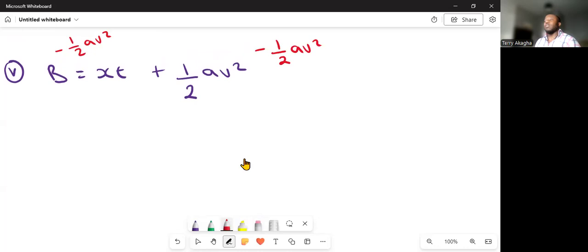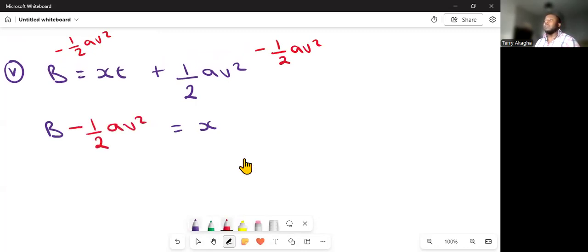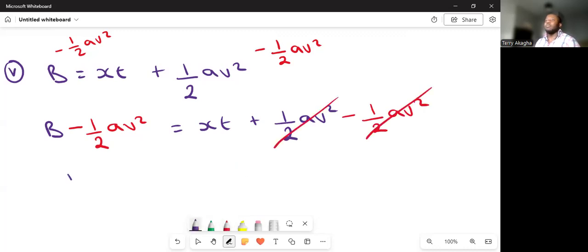So this will now give you b minus 1/2 av squared equal to xt plus 1/2 av squared minus 1/2 av squared. Then this will cancel that. Then we're now going to have b minus 1/2 av squared will be equal to xt.